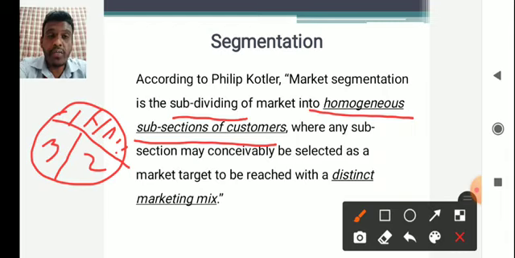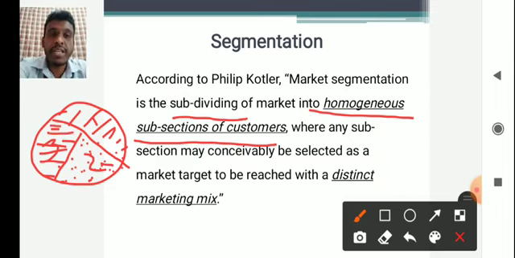They want a similar kind of product. Similarly, all the people in this section want or ask for a similar kind of product, and similarly here there are some people who want a similar kind of product.